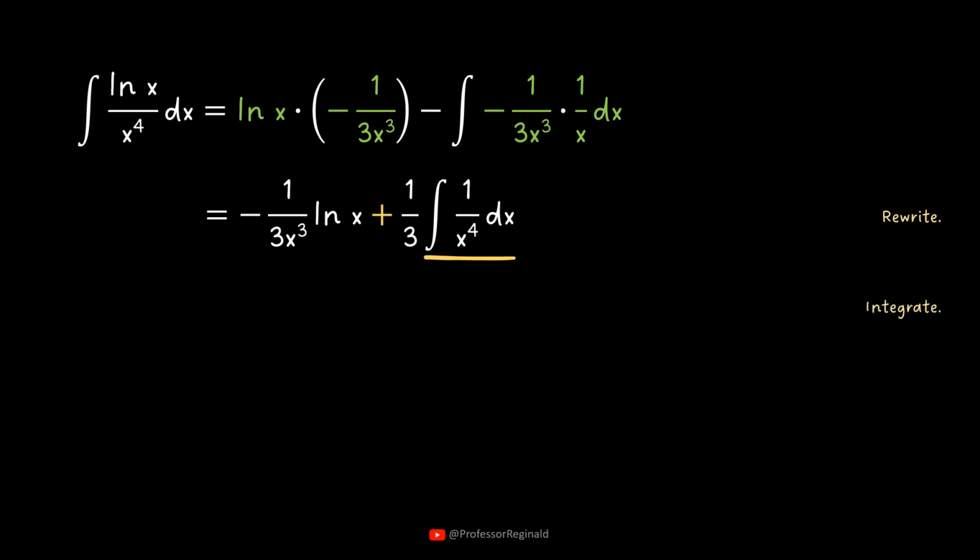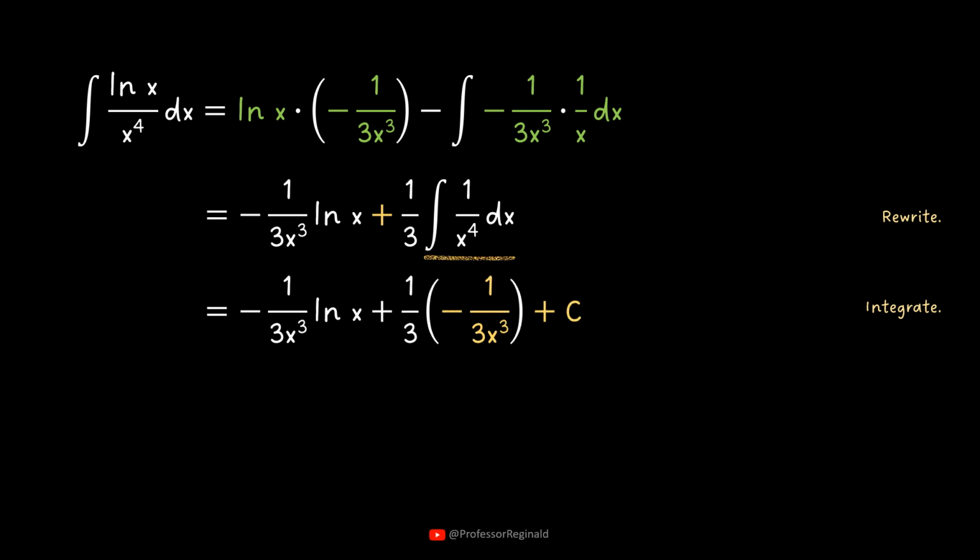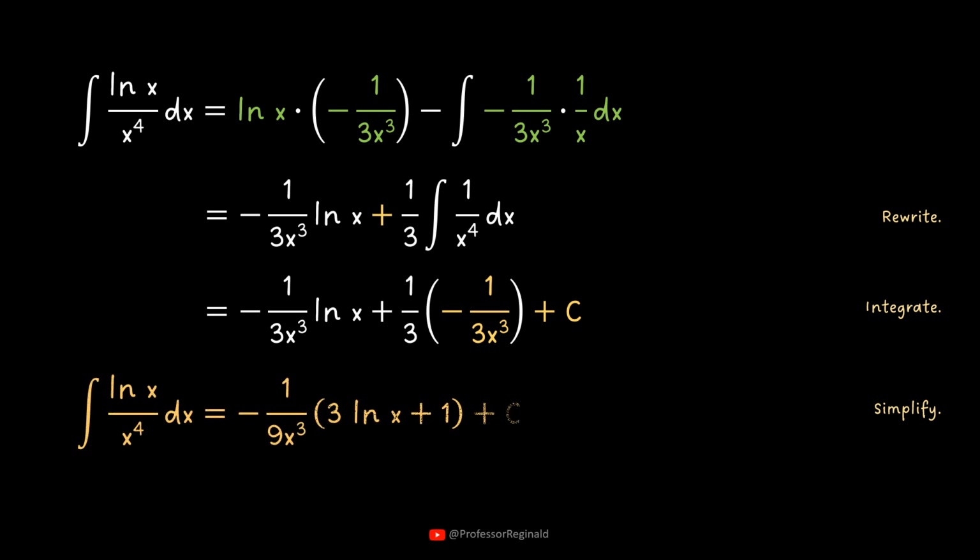This integral has already been computed from the previous page. Add the constant of integration after solving the last integral. Then simplify by factoring out a common factor. Therefore, the integral of the natural logarithm of x all over x raised to 4 dx is equal to the negative of 1 over 9x cubed multiplied by the quantity 3 times the natural logarithm of x plus 1 plus c.